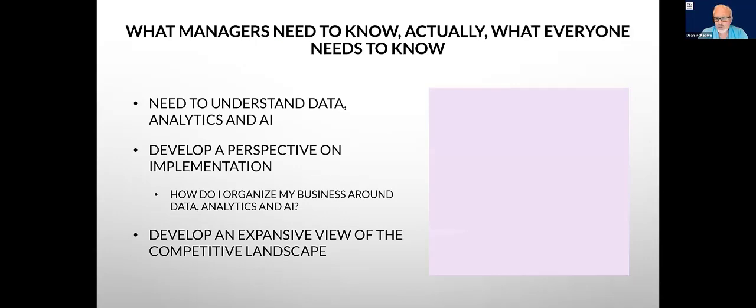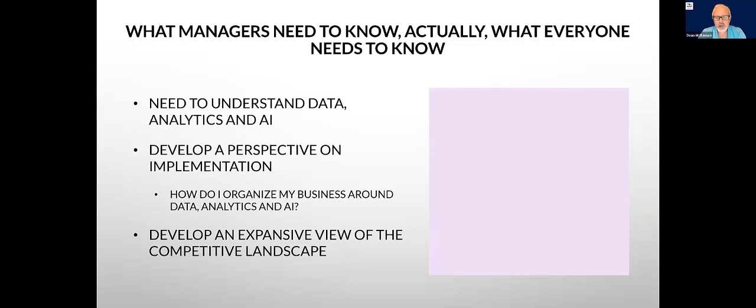So what I would argue, if you want to be managers and leaders in your organization, is that everybody needs to understand data analytics and AI. Even if you're not thinking that you're going to be implementing it or programming that kind of stuff, we need to encourage people to understand what this stuff is.